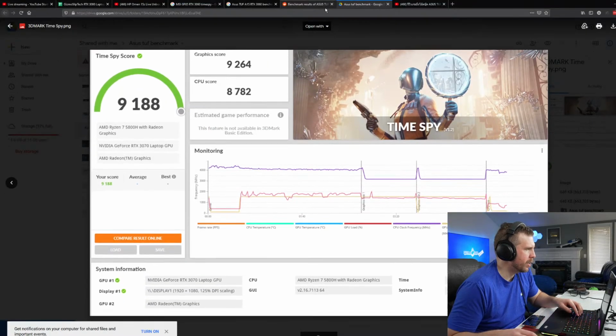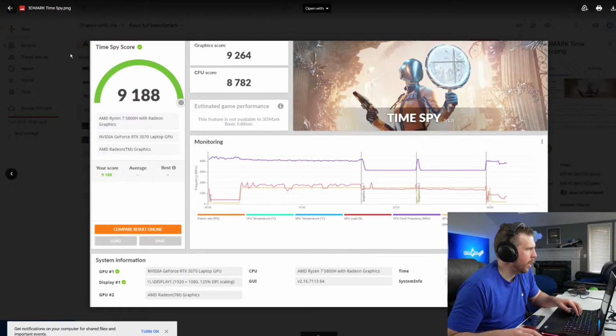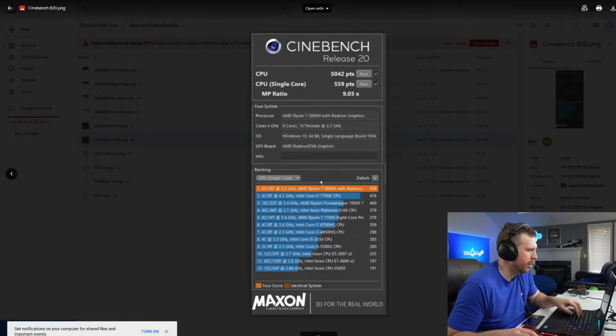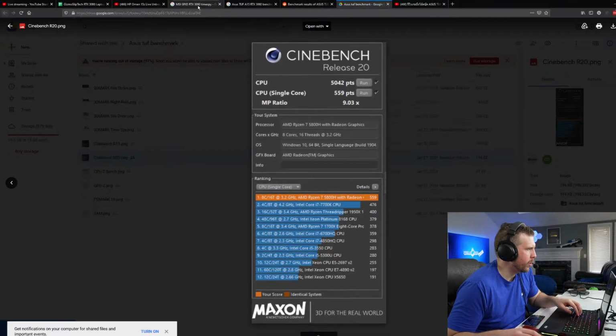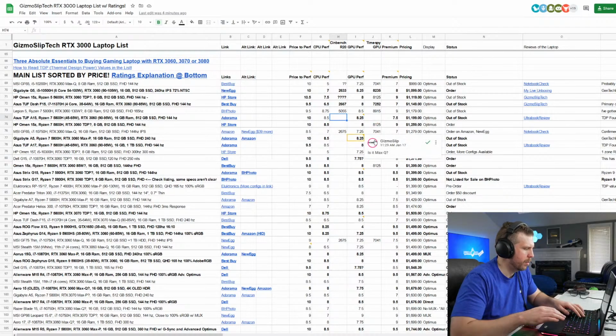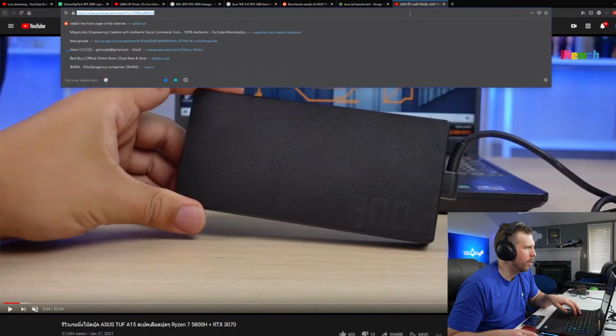Okay, so we should be able to get a Cinebench number here at least. So 5042. This should be an accurate Cinebench number. There we go.